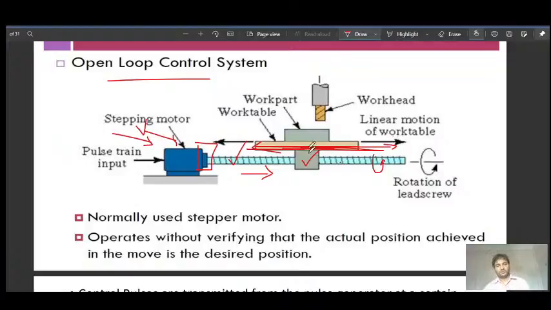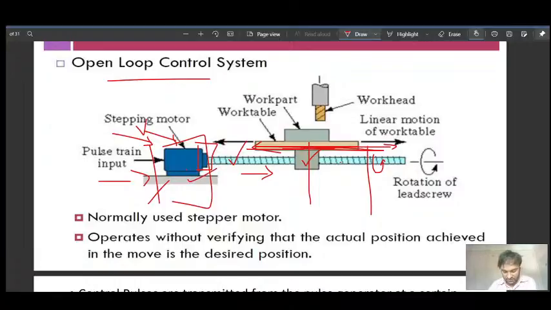So in open loop, once we have sent the signal to the motor, we have given some voltage for some time, that runs the stepper motor, and then this table starts moving in this direction.